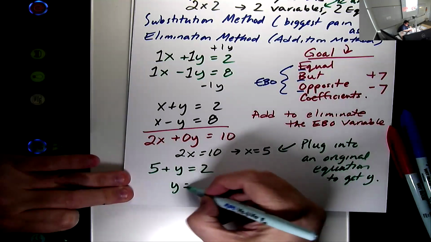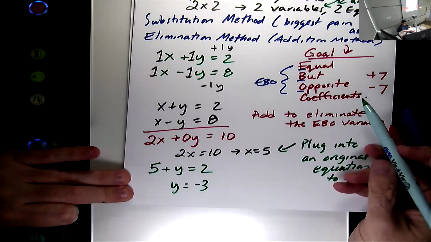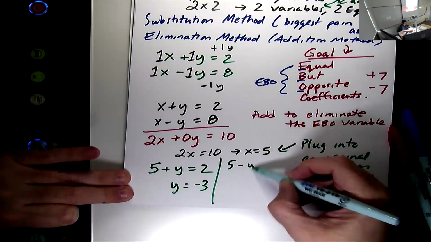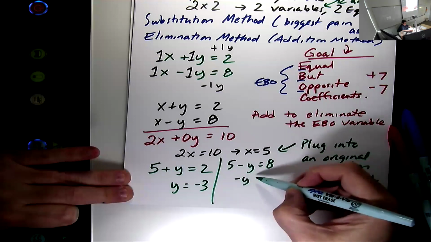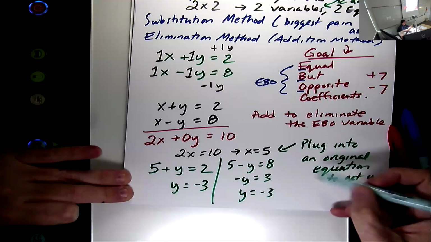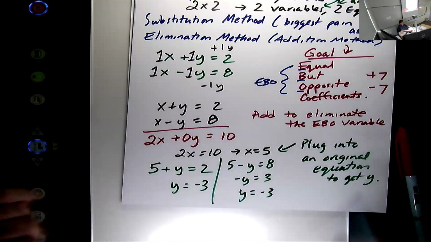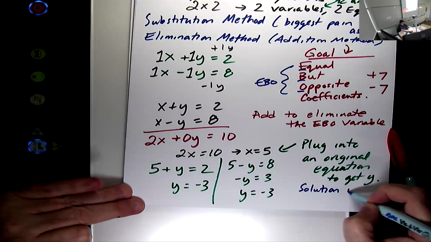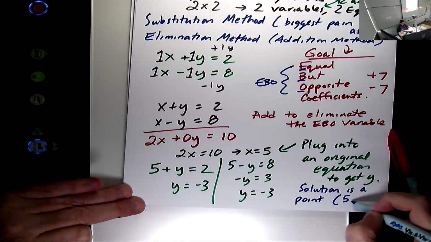So I get y equals -3. I'm just gonna do the other one and show what happens if you plug it in there. Negative y equals +3, so y equals -3. The solution is an ordered pair, is a point. It's both the 5 and the -3.